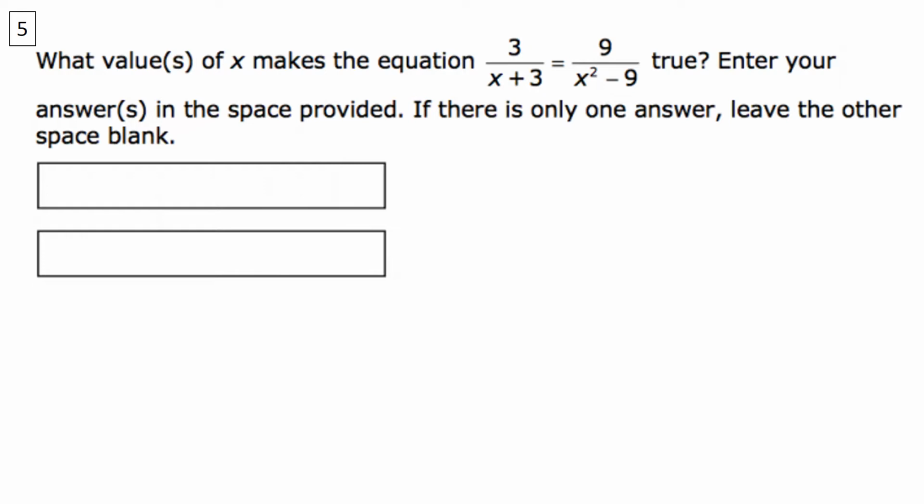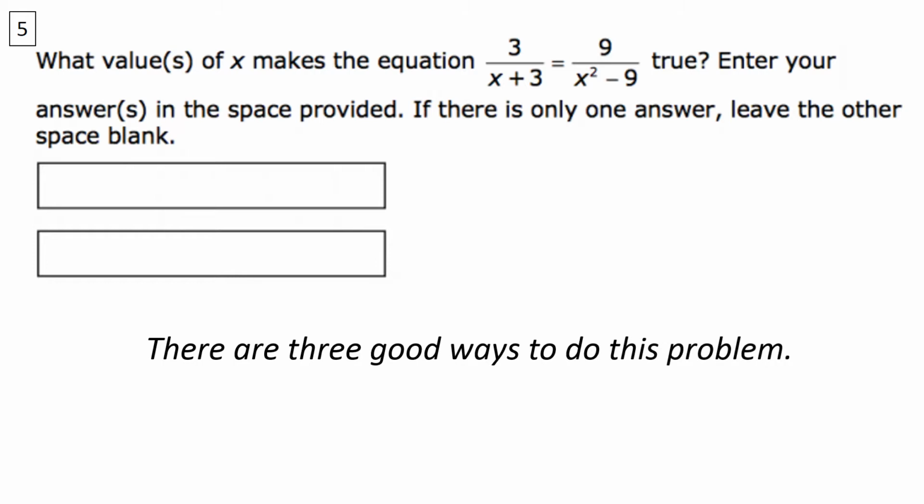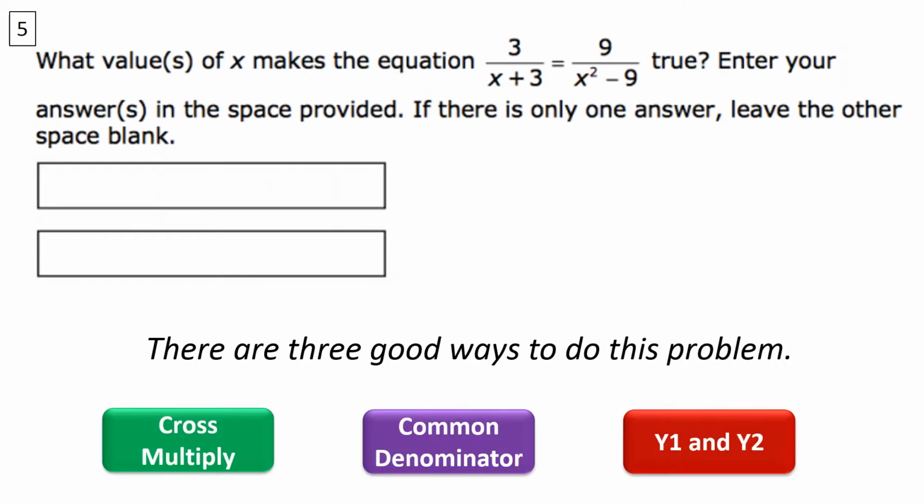In other words, solve this equation. Now, we've learned a few different ways to do this, and there's 3 good ways. There's the easy way, the hard way, and the other way, and which one's which is kind of up to you. So this says click one. On my regular PowerPoint, it's going to give you those options, but we'll just go in order.